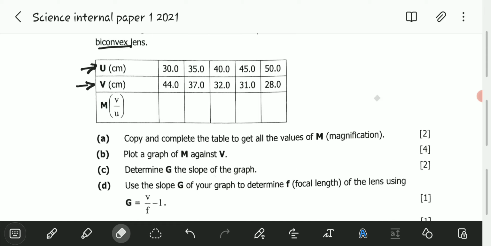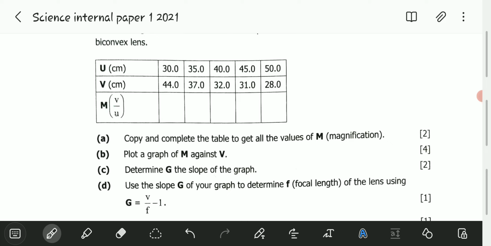So we've got object distance and image distance. Then we have this part, which is magnification. We've been given a formula for how to calculate the magnification, which is V, the image distance, divided by U, the object distance.